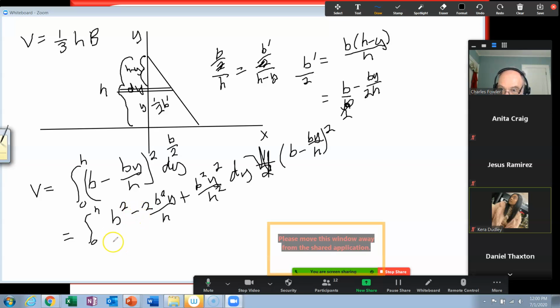This is going to be b squared y minus, and this is going to give us a y squared over 2, so that's going to be b squared y squared over h, plus b squared y cubed.